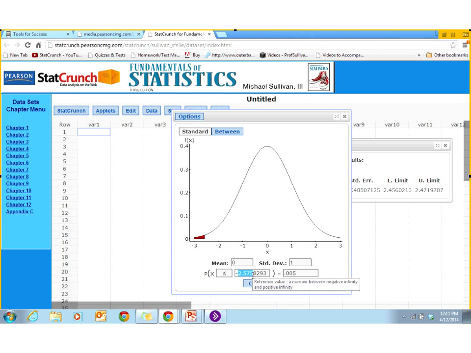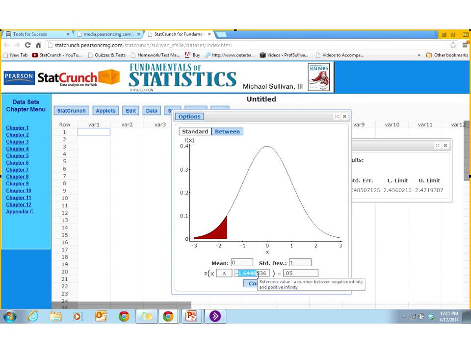Now, if we went to the 90% confidence interval, we do that a little bit differently, remember? Because you do 1 minus 0.9, and then we divide that by 2, and we're going to actually get 0.05. So we're going to change this to 0.05. And then when I hit compute, you can see that the z of alpha over 2 is actually the absolute value of that. It's going to be a smaller number.